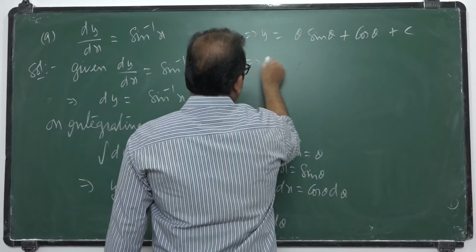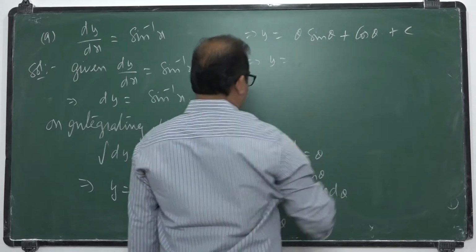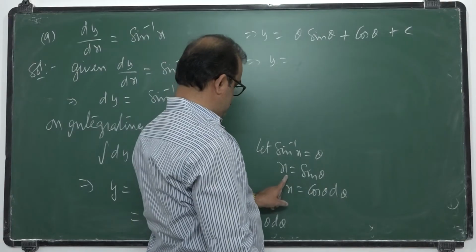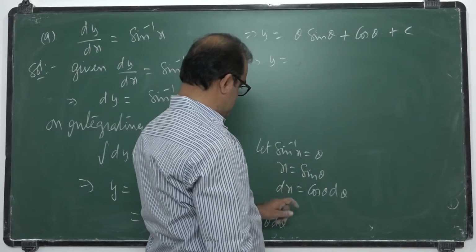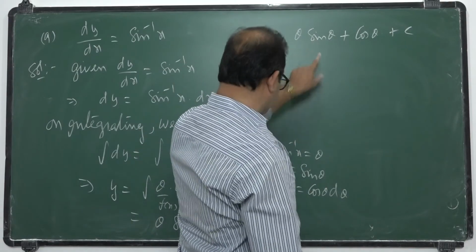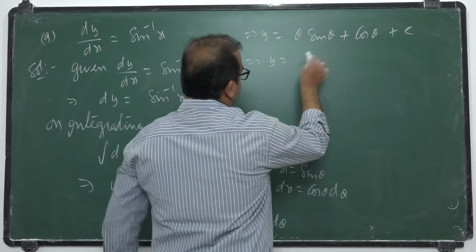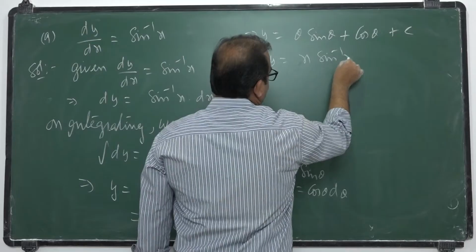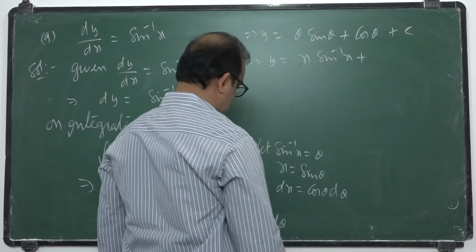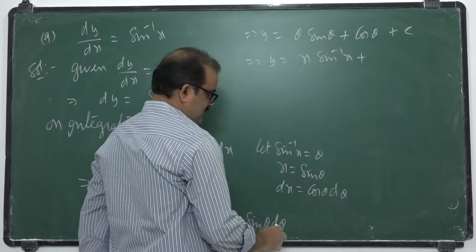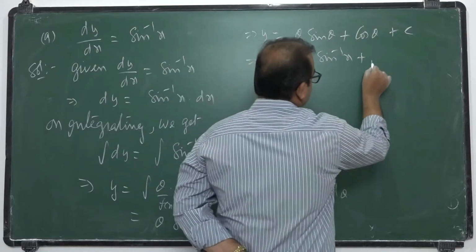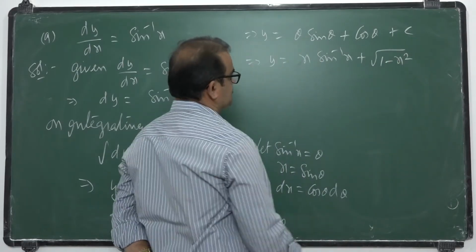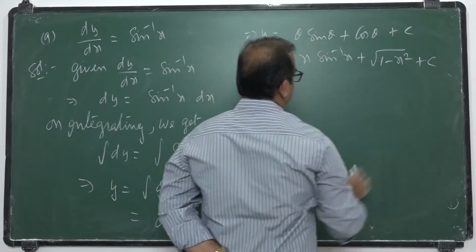Write this value theta in terms of x. What is theta? Sin inverse x. What is sin theta? Sin theta is x. So this is x into sin inverse x plus cos theta. If sin theta is x, then what is cos theta? Square root of 1 minus sin square theta, that is square root of 1 minus x square, plus c.